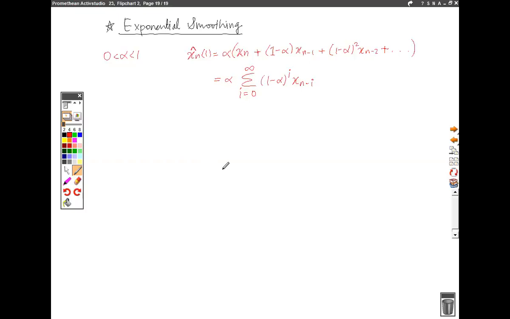Essentially, what you see here is, if I increase my value of alpha, let's say I have a large value for alpha, then I can clearly say that my 1 minus alpha is going to take a lower value, and (1 minus alpha) squared is going to take an even lower value. So if I have a large alpha value, I'm looking at a model which pays less and less attention as you look at higher lags.